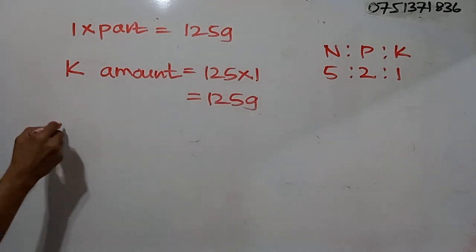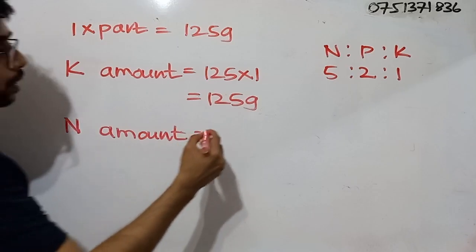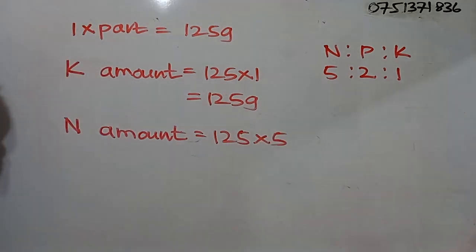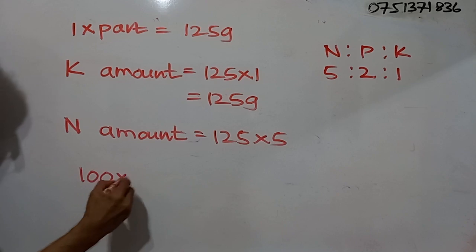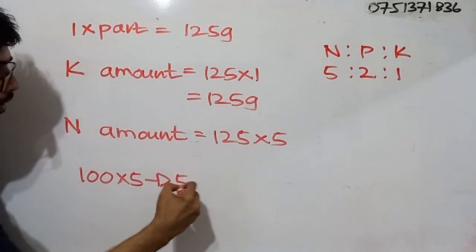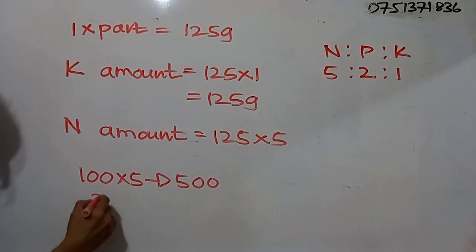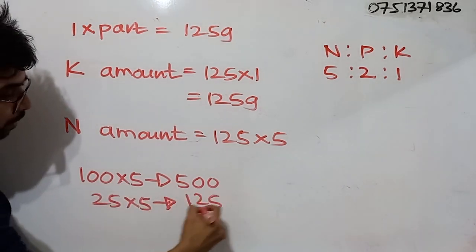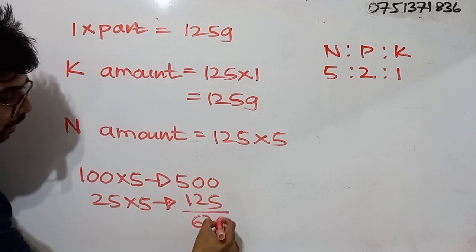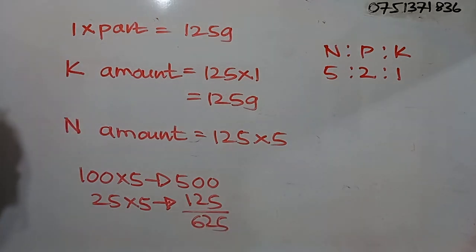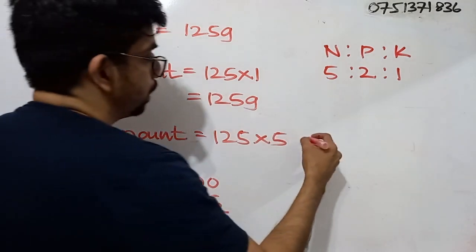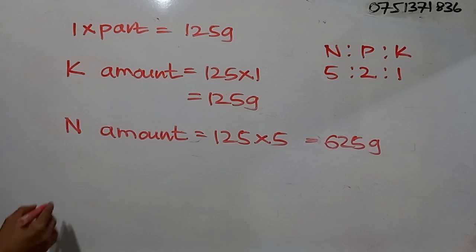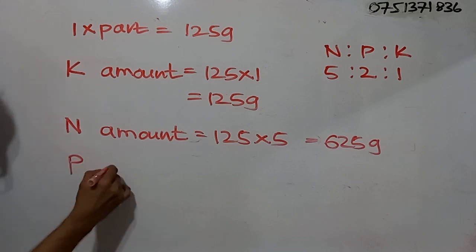Then the amount of nitrogen is 125 into 5. 100 into 5 is 500, and 25 into 5 is 125. When we add these together, we get 625. So the nitrogen amount is 625 grams.